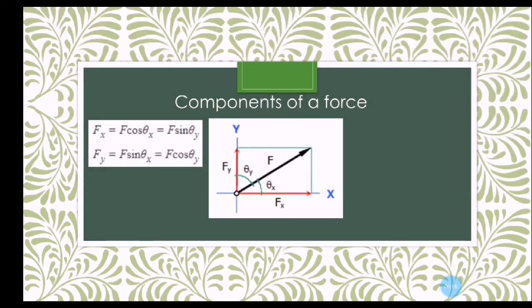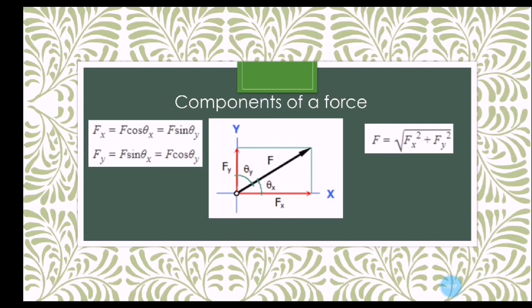Now for Fy, it equals F sine theta x, because sine theta x equals Fy over F. And cosine theta y is equal to Fy over F. So this is why Fy is equal to F cosine theta y.